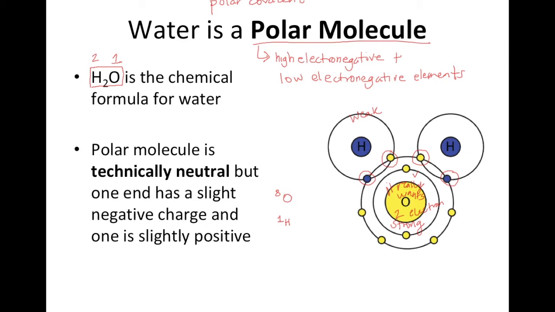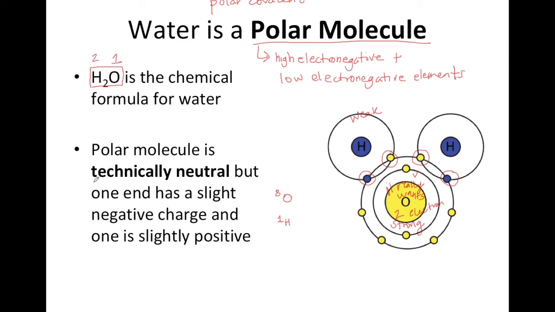If you've ever had to give something to somebody who said they just needed to borrow it, but instead they've taken it and now it's theirs, they never stole it, they just borrowed it. That's what a polar covalent bond is. Oxygen is borrowing the electron from hydrogen, but it's basically just keeping it.